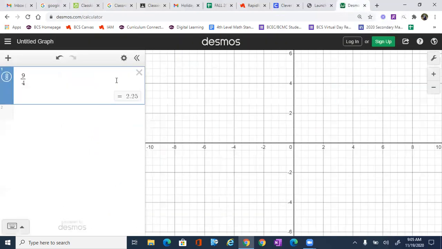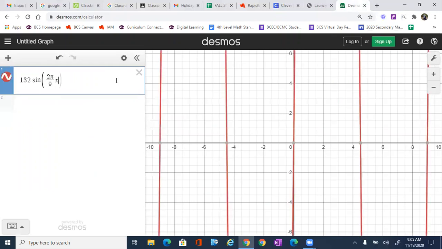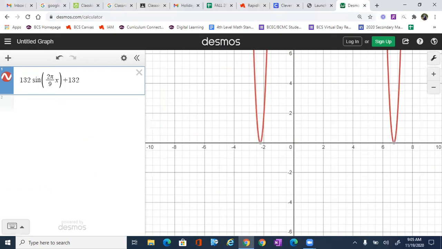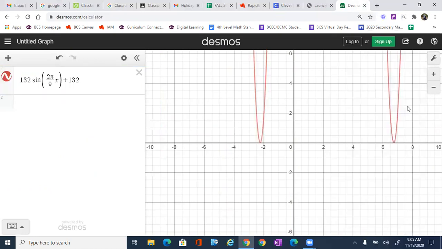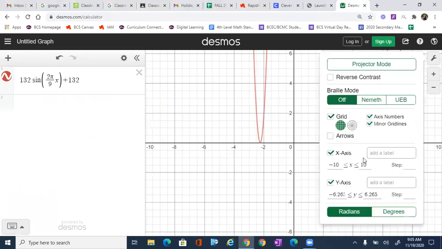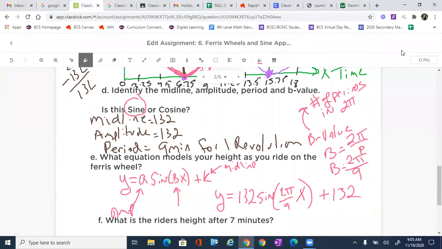So what we're going to do now is go over to Desmos and type that in. So we have 132 sine 2 pi divided by 9 x, and then we're going to add 132. I'm going to make sure we are in radians because we are talking about radians in this case, and we wanted to see the revolution based off of our class kick between 0 and 18.